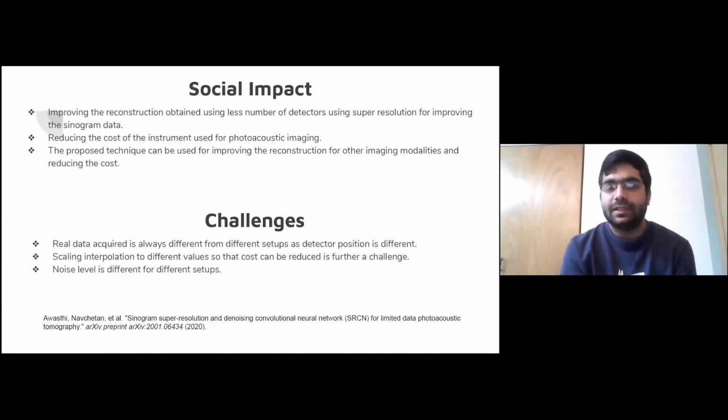And if you interpolate to a different level, going from 1:2 to 1:4, it is again a challenge because you have to train a model again and see how it affects the image. The noise level will also be different for a different setup, so we need to see what noise levels we can use.